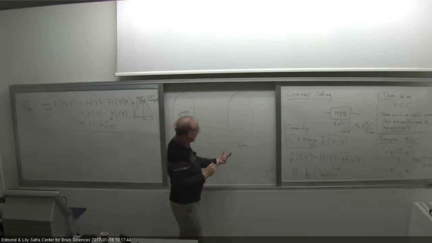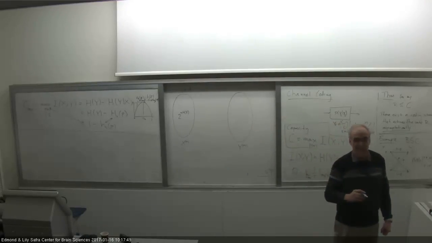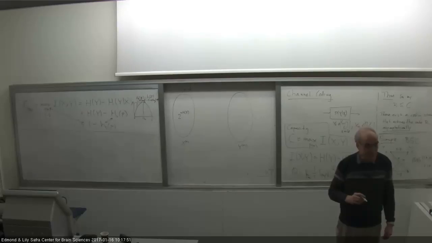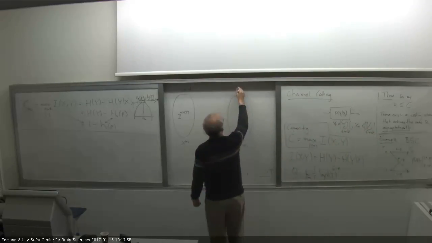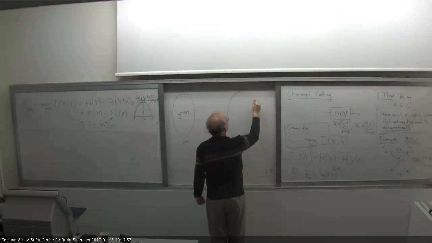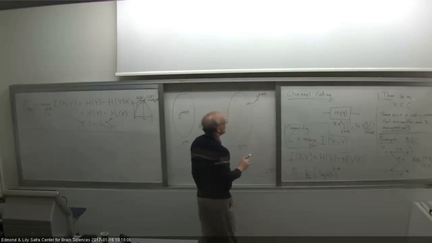Okay? So now I look at the y's on the other side. For the same reason, how many typical sequences of y's are there altogether? This is also typical. So there are 2 to the nH(Y).